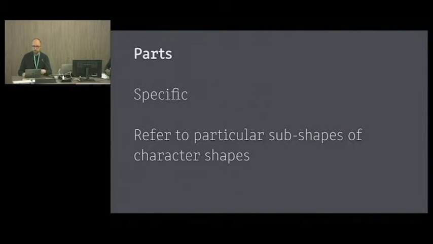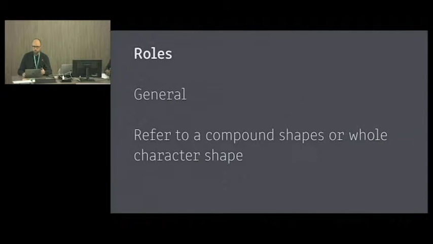Parts are specific. They always refer to a particular subshape. So it could be serif, stem, rounded part, diagonal part, and so on. Whereas roles, this is naming adopted from the work of Douglas Hofstadter, are more general.